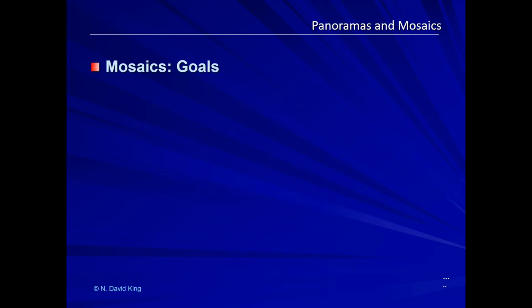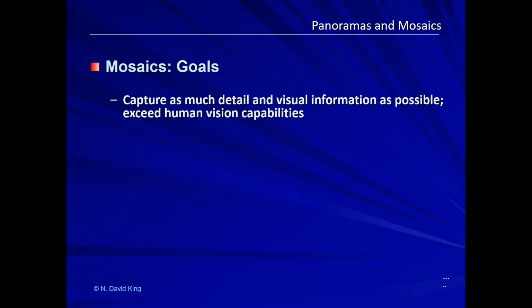Mosaics have a different goal. Here, you're trying to capture as much detail and visual information as is possible. Frequently, we can put more detail, more visual information in a shot than your human vision could perceive while you were standing in front of the scene.